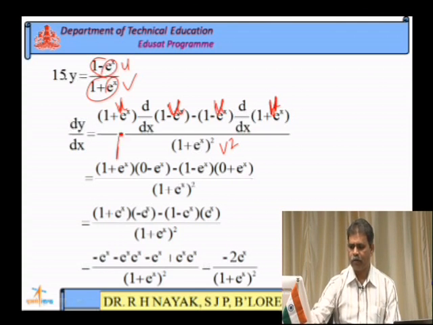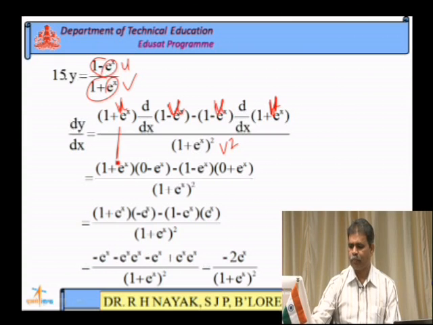I have taken v as it is, differentiation of 1 is 0, differentiation of e power x is e power x. 1 minus e power x is taken as it is, differentiation of 1 is 0, differentiation of e power x is e power x.